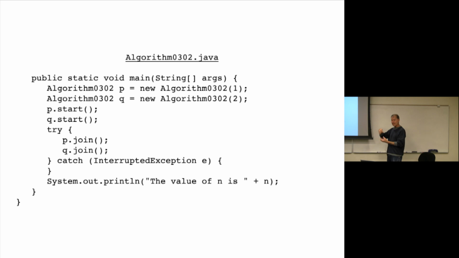So start creates the process control block for that process, initializes all the variables to their initial values, sets the program counter in that process control block to be the first statement to be executed, and then the operating system puts it in a ready queue.